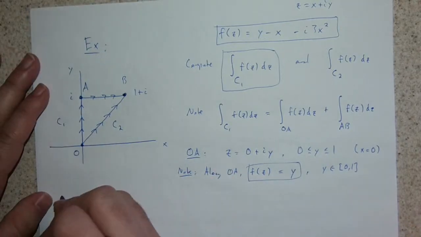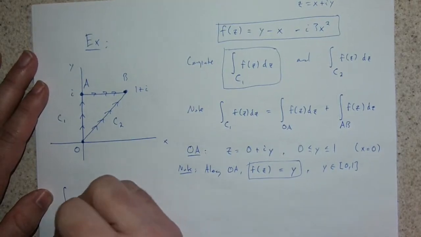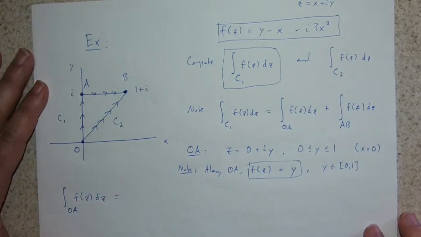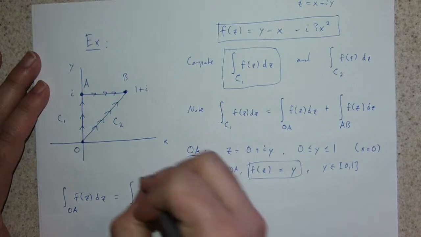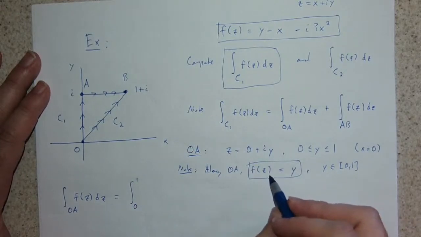And so the integral along this segment OA of f of z dz is equal to, well, f of z is just y there. All right, so in my parametrization, my definition for contour integral, this is the integral from 0 to 1, right, of f of z of t.